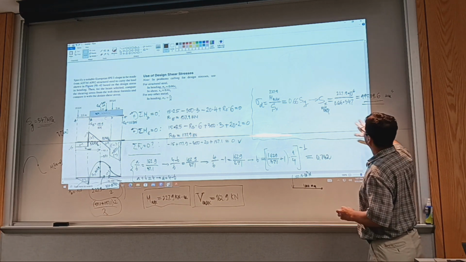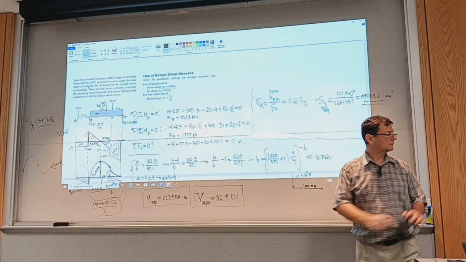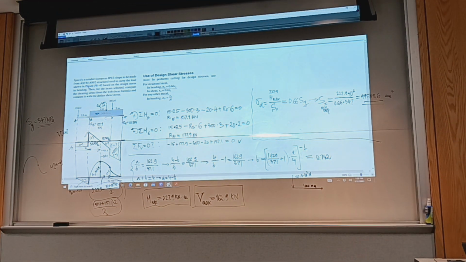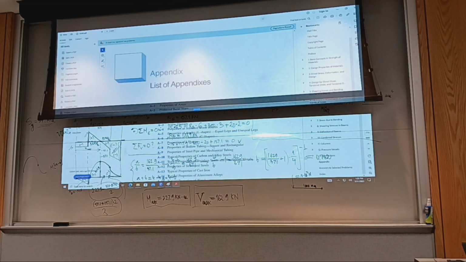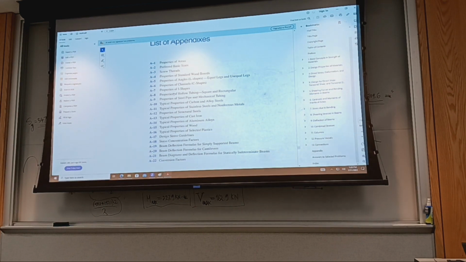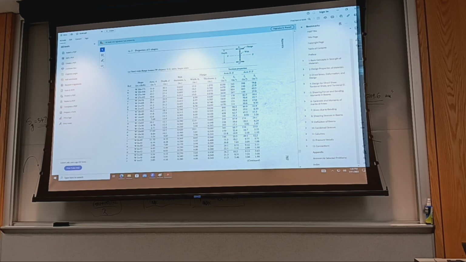So what do we need to do? We need to go to the appendix. I can lower the screen to the appendix where, let's see, eye shapes, and I need to rotate the view.